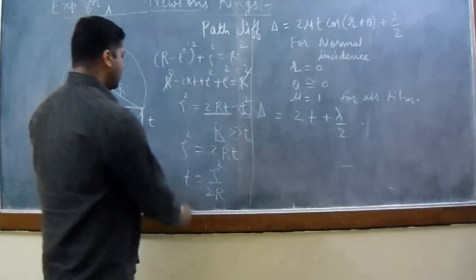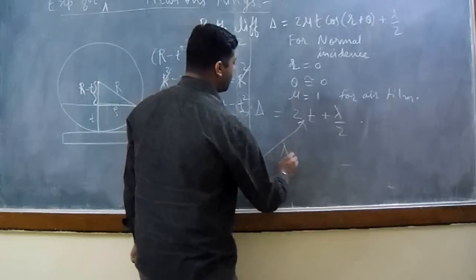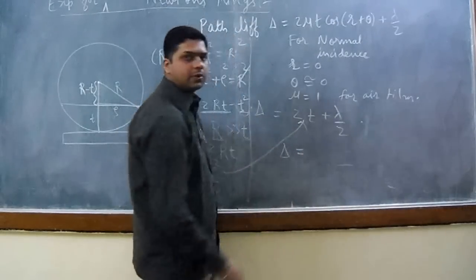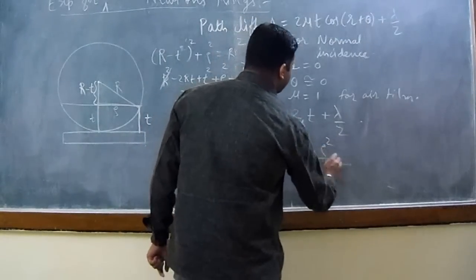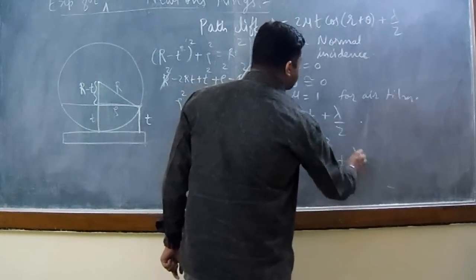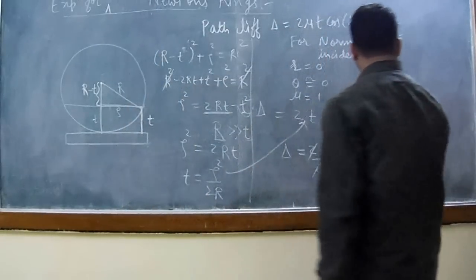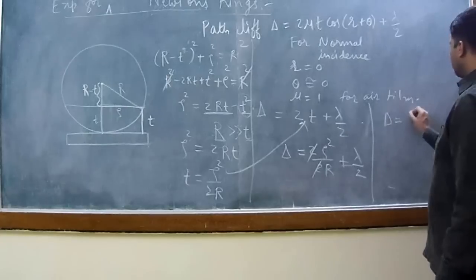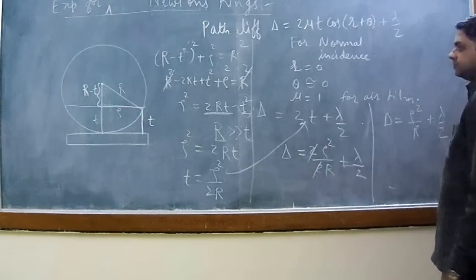So using this value of t in the equation for path difference, we get 2 times rho squared upon 2R plus lambda by 2. So this 2 cancels and hence the path difference delta will be equal to rho squared upon R plus lambda by 2.